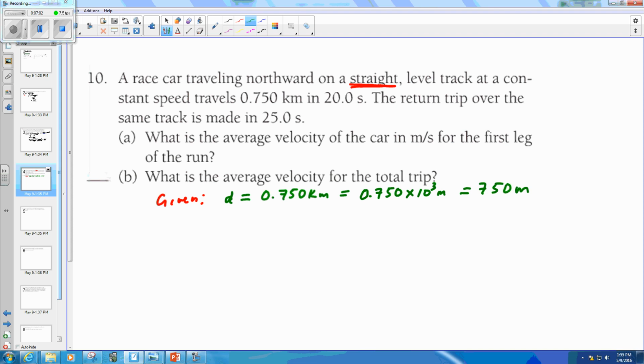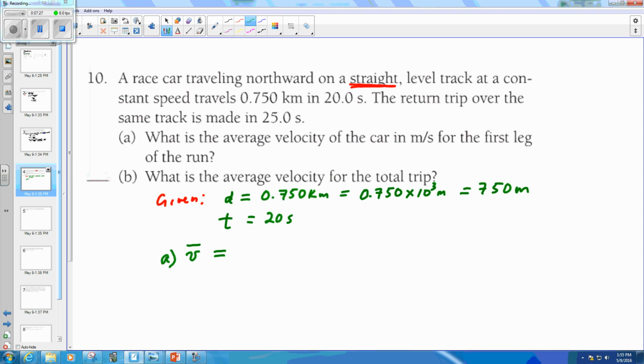And then we are given time. And the time for part A of that journey is 20 seconds. Now we are ready to solve for part A. Again, what we have is average velocity. This is how you show average velocity, with a bar on top, is equal to displacement.